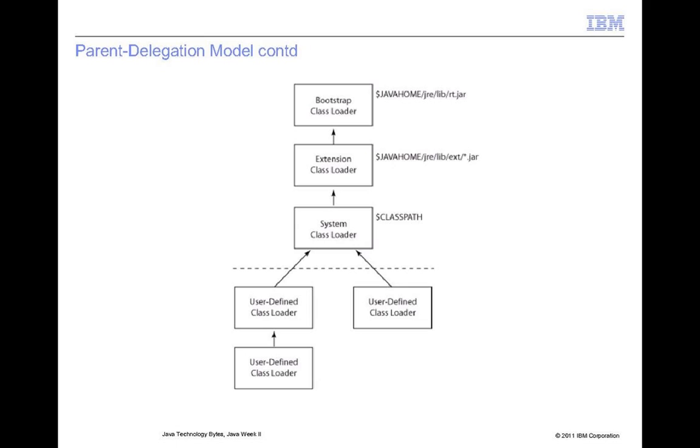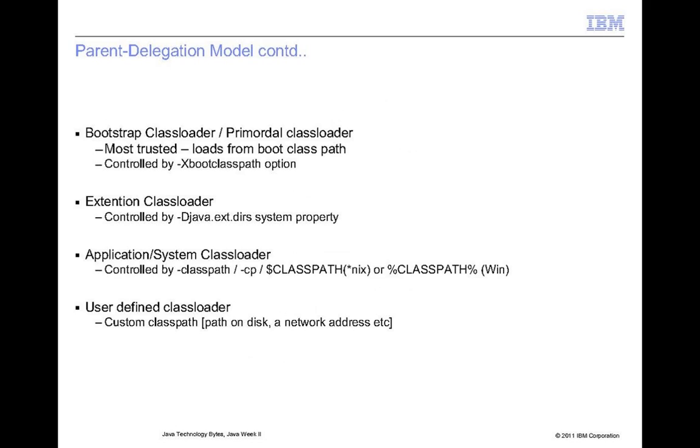Moving on to the next slide. A small brief on what each class loader is. The bootstrap class loader is also called the primordial class loader. This is the topmost in the parent delegation chain, and this is the most trusted of all the other class loaders.